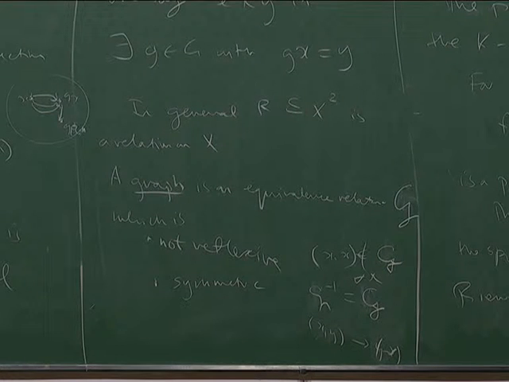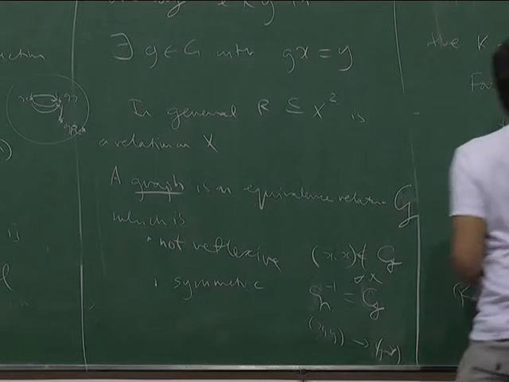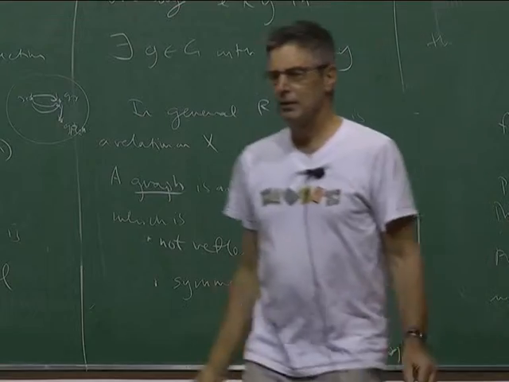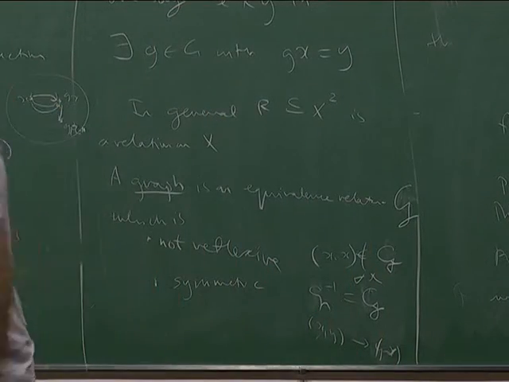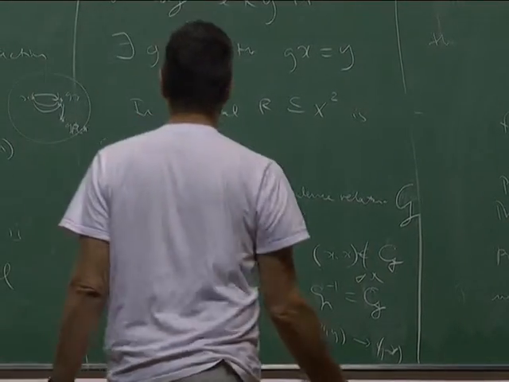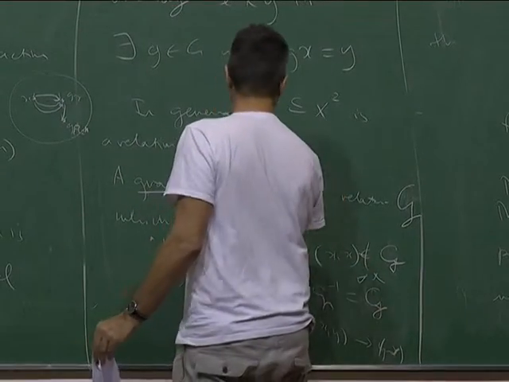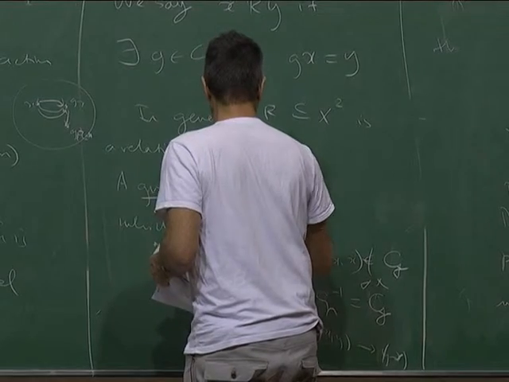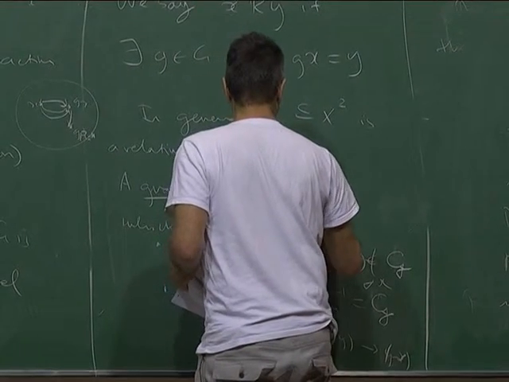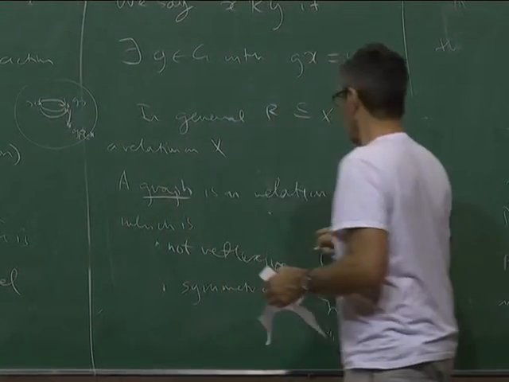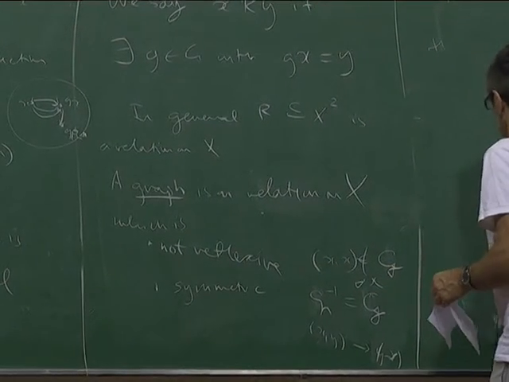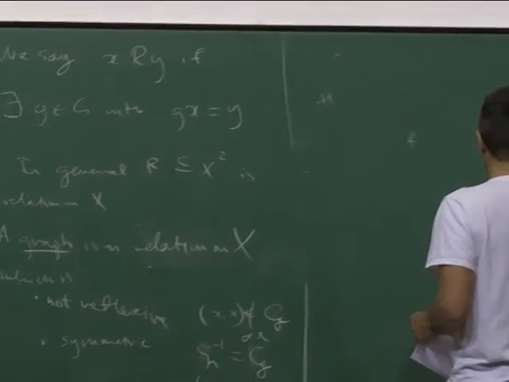A graph is not an equivalence relation, I'm terribly sorry. A relation which satisfies these two things. It can't be an equivalence relation and a graph, unless it's empty or something.